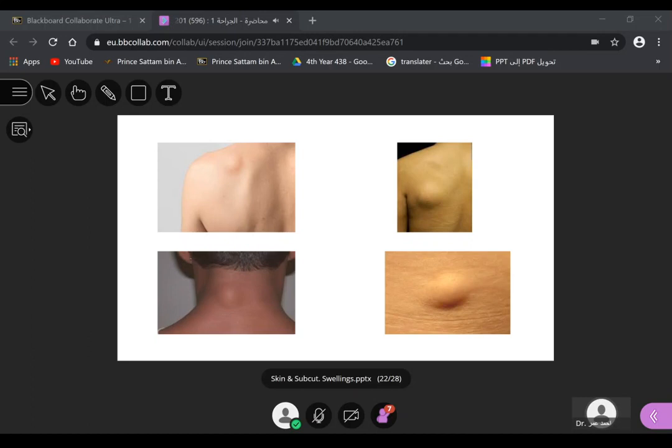In the shoulder region, or the upper part of the scapular region. And here? In the neck, yes, in the back of the neck. And this can be everywhere. So lipoma can happen everywhere in the body. But if you examine any one of these lipomas.